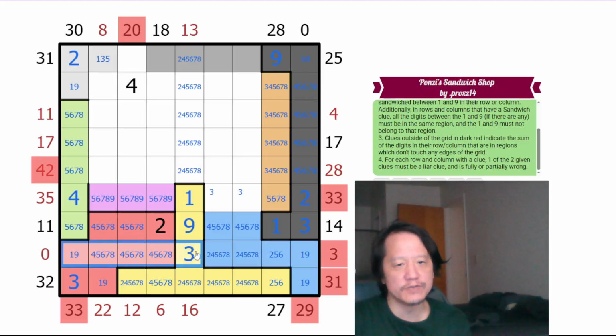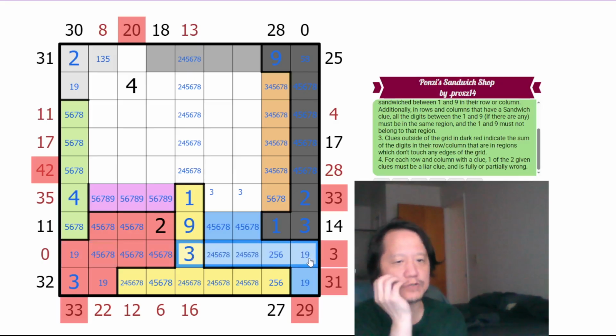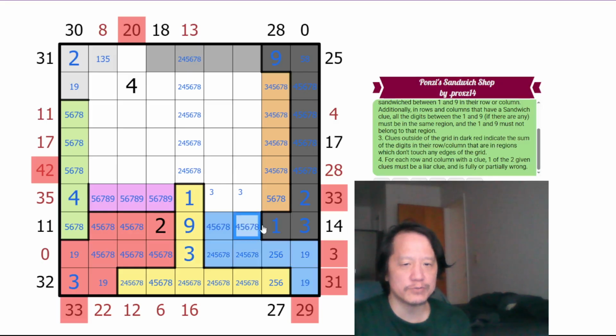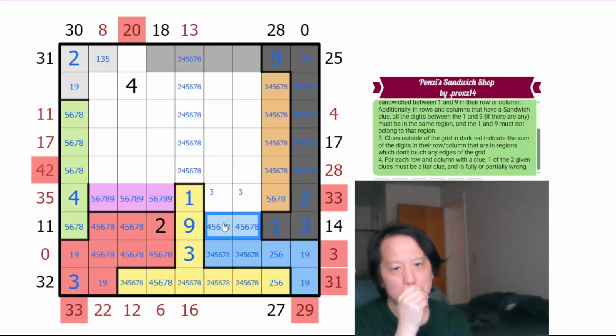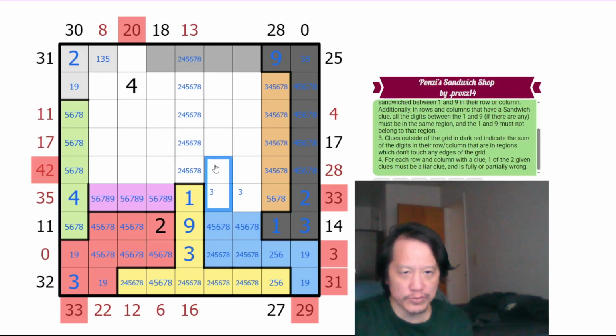Red is touching the edge of the grid, so is yellow, so is blue. So none of the digits are... Yeah, so that works. We still don't know about row 7. Row 6, we've got a lot of deductions. So blue has to be either blue here or blue here. We're not sure which.